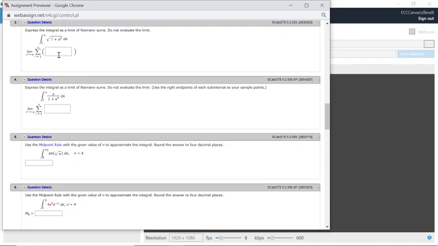Whereas these couple of exercises are asking you just to write the Riemann sum and then leave it alone, not evaluate the limit, in these questions you're being asked to come up with an approximation for the integral through the use of the midpoint rule. It's asking you to use the midpoint rule where n is equal to 4.